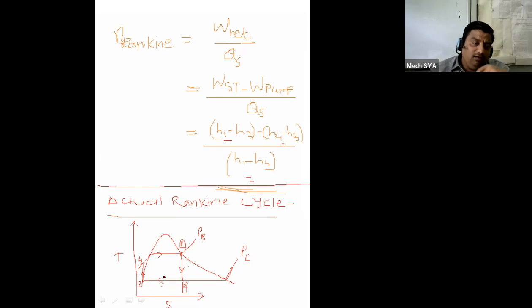Therefore, in general, if there is friction present in the pump and this turbine, due to that this process will not remain isentropic in the actual case. It will be a non-isentropic or irreversible process. And we know that during irreversible processes, entropy always increases. So this process will not remain isentropic during an irreversible process.